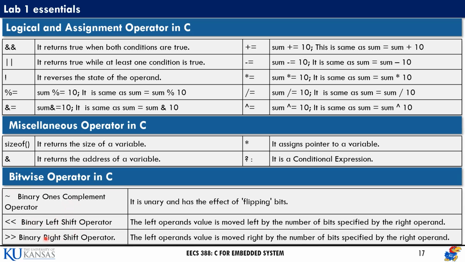The left shift and right shift operators shift our number. For example, if I give 1 left shift by 2, that means we add 2 zeros on the right hand side of our 1, because 1 is shifted by 2 zeros. The same thing goes for the binary right shift operator.